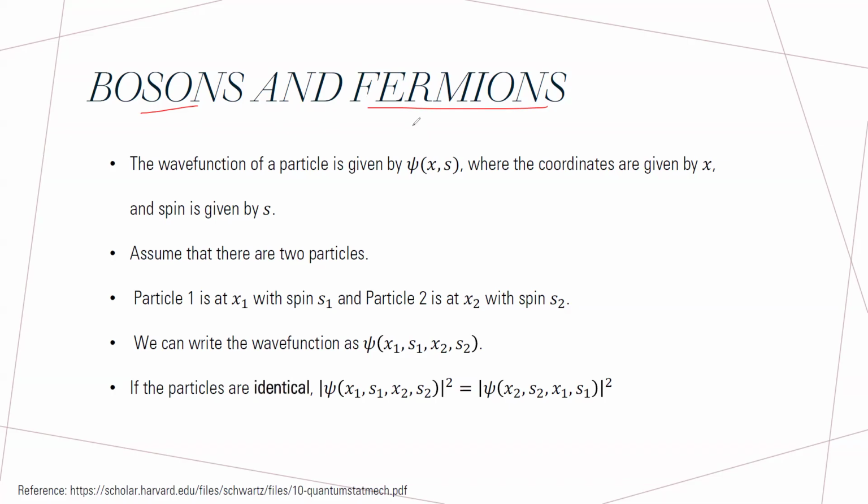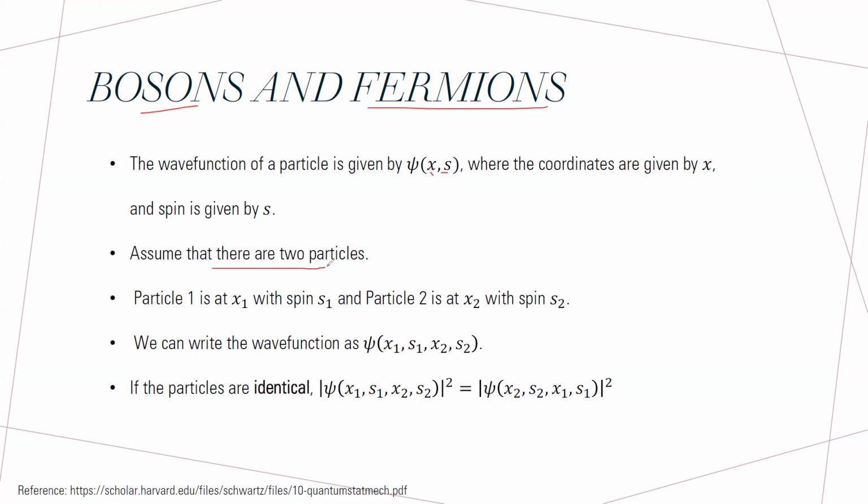So in quantum mechanics, the wave function of a particle is given as a function of the position and the spin. So x denotes the coordinate and s denotes the spin.